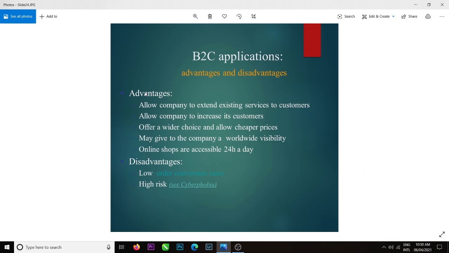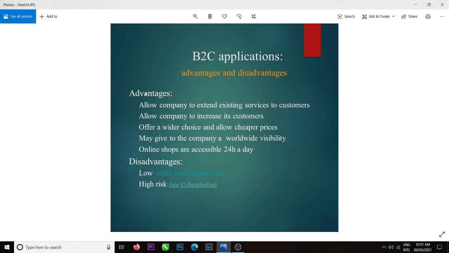Disadvantages are low order conversion rates. In the sense, sometimes it takes very much time to get the products. Some mischief-makers cheat the customers by supplying different products. And it is high risk because we don't know the buyer.